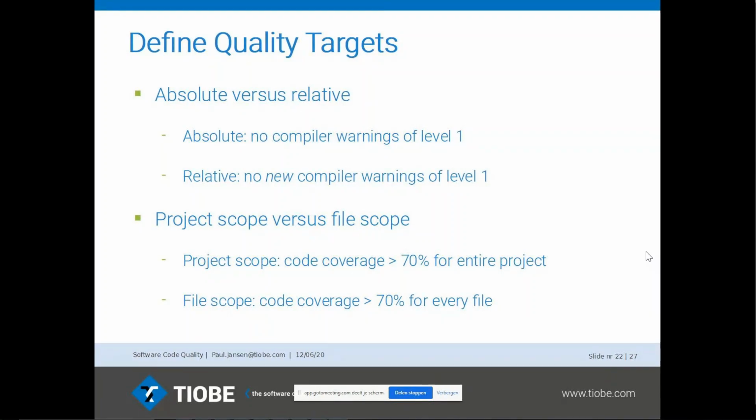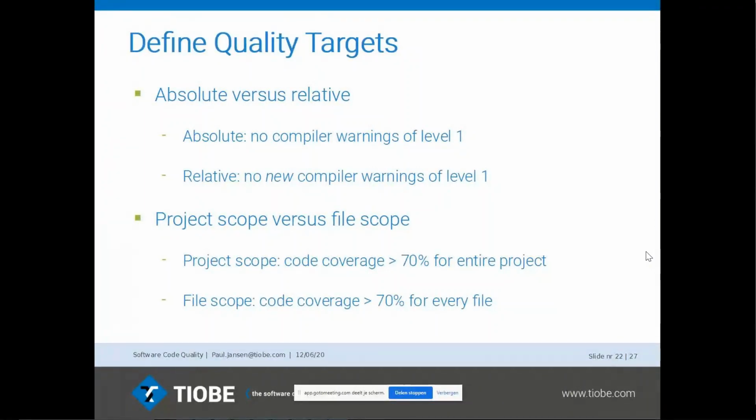Well, you have also relative, and relative is almost the same, but it says you are not allowed to deliver new compiler warnings of level 1. So the difference here is the word new. And what does that mean? That means that you are comparing against something.